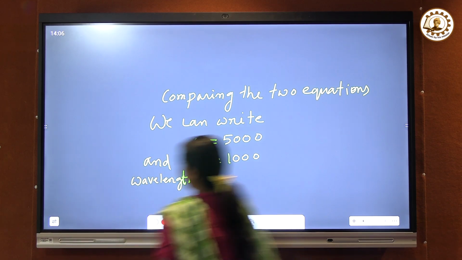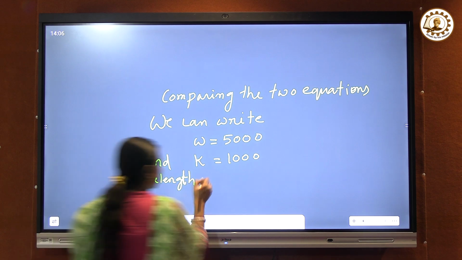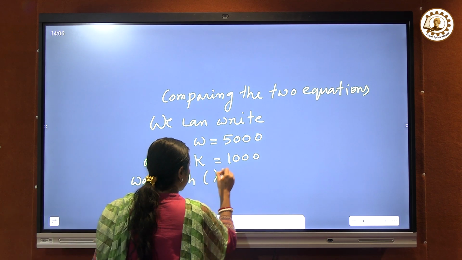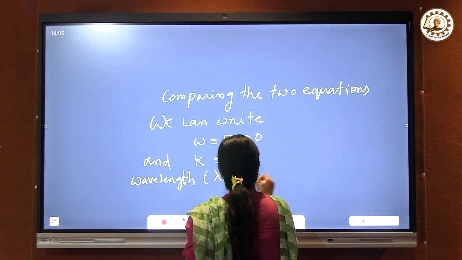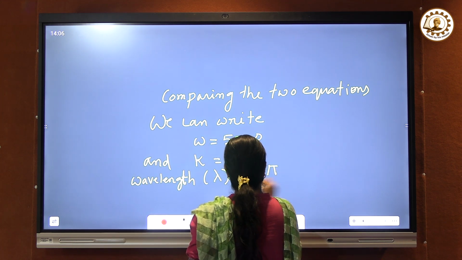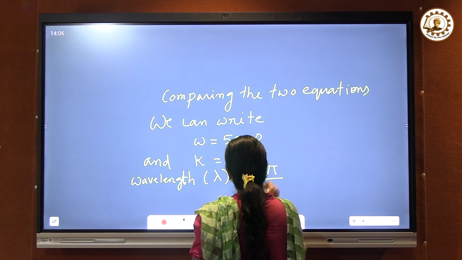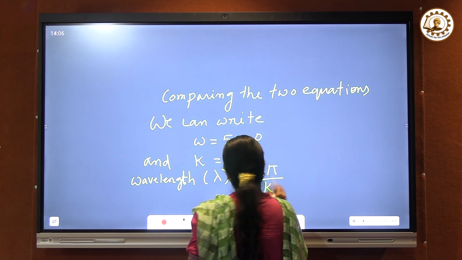The wavelength, say lambda, is equal to 2 pi by k.